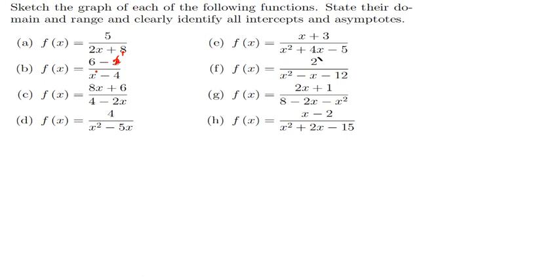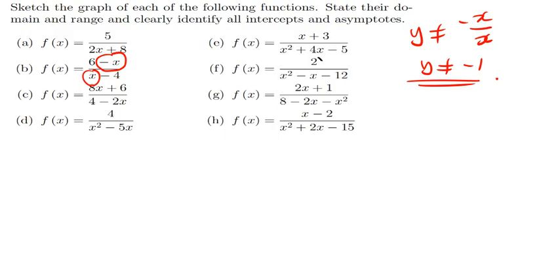So this function has the same degree of x on top and down. Then you divide. Y is not equal to negative x divided by x. If I say the coefficient, maybe you are getting confused. So y would be not equal to negative 1. So the range now is from negative infinity to negative 1, union negative 1 to positive infinity.